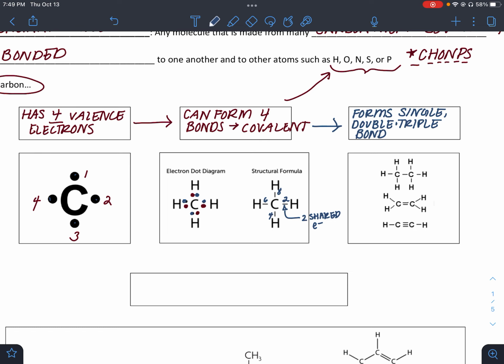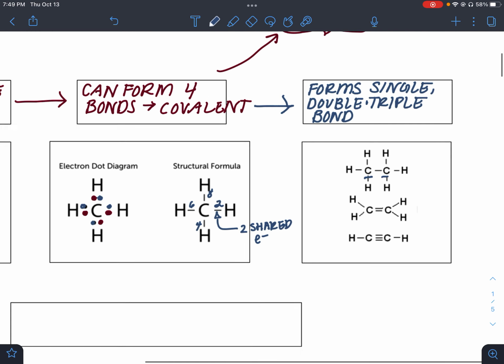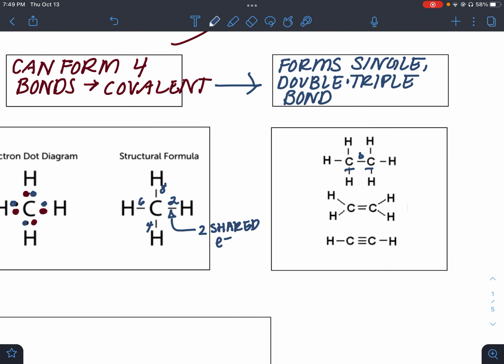So if we look at our two carbons, all right, we can see that we can bond where we share just two electrons with a single bond. We can share four electrons here, like we see in this double bond, or we see here two carbons sharing actually six electrons with this triple bond.